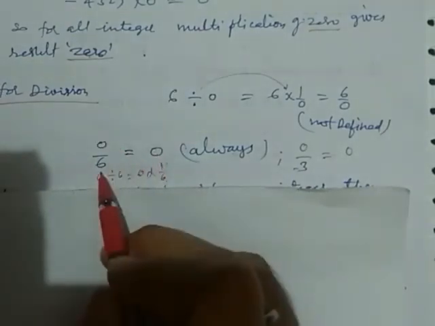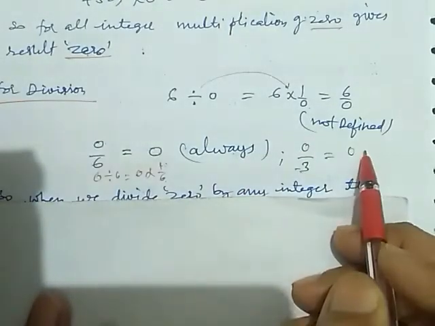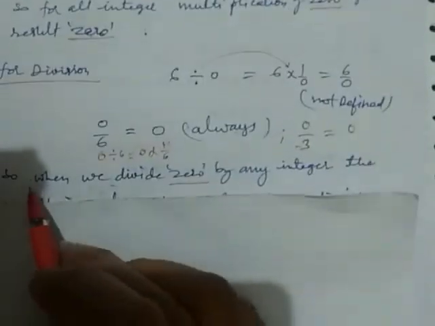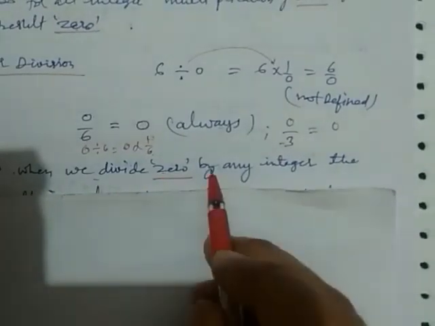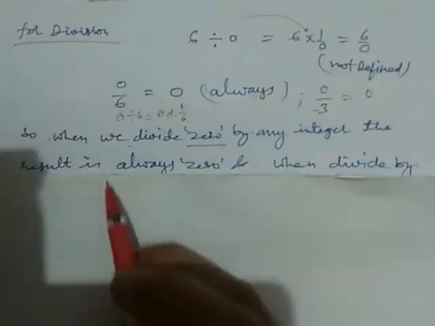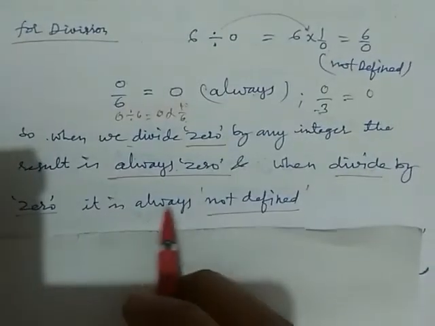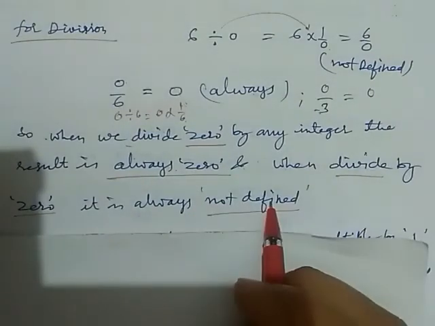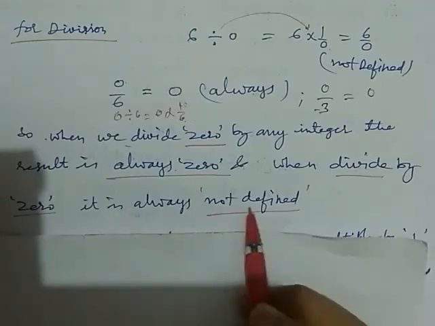So 0 by 6 is 0, and 0 by minus 3 is also 0. So when we divide 0 by any integer, the result is always 0. And when we divide by 0, it is always not defined.